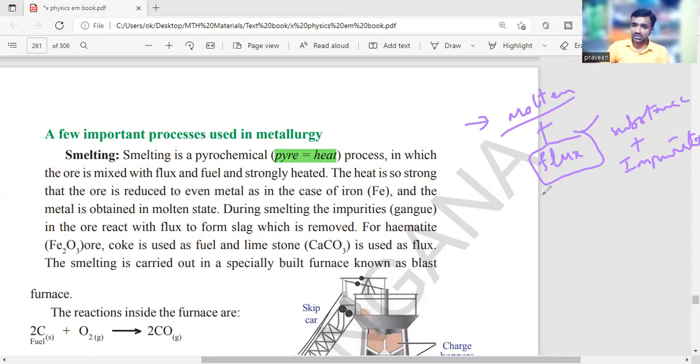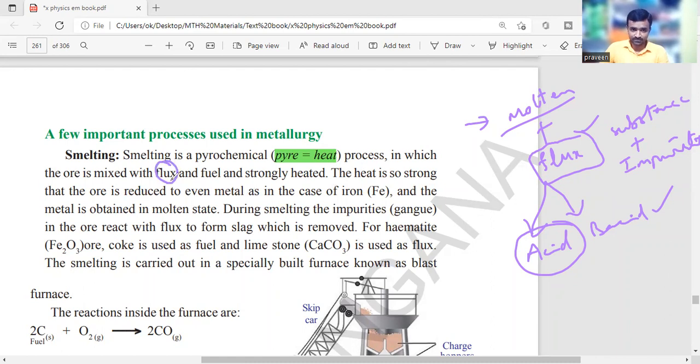The flux may be acidic or basic in nature. If impurities are basic in nature, an acidic flux will be selected. If the impurities are acidic in nature, a basic flux is selected. Acidic impurities with basic flux, basic impurities with acidic flux, opposite. Okay, so you need to remember that.